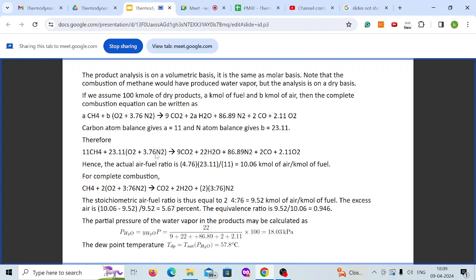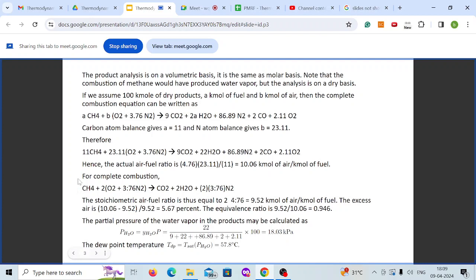Air contains 1 mole of oxygen and 3.76 moles of nitrogen, so 4.76 into 23.11. That is the number of moles of air in the reaction, and 11 moles of methane, so divide by 11. This will give you 10.06 kilomoles of air per kilomole of fuel.